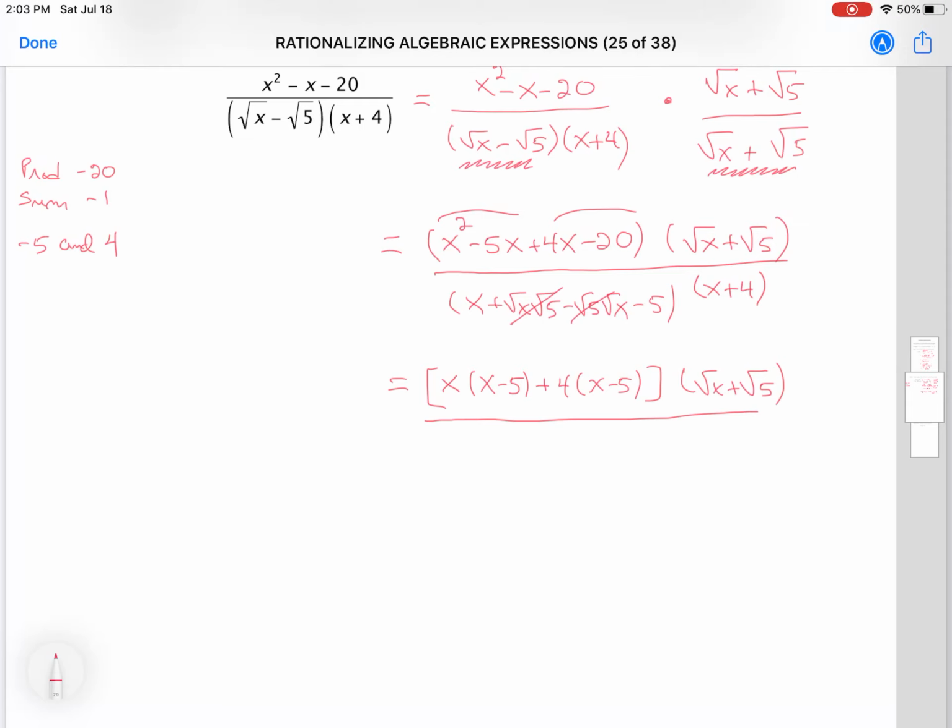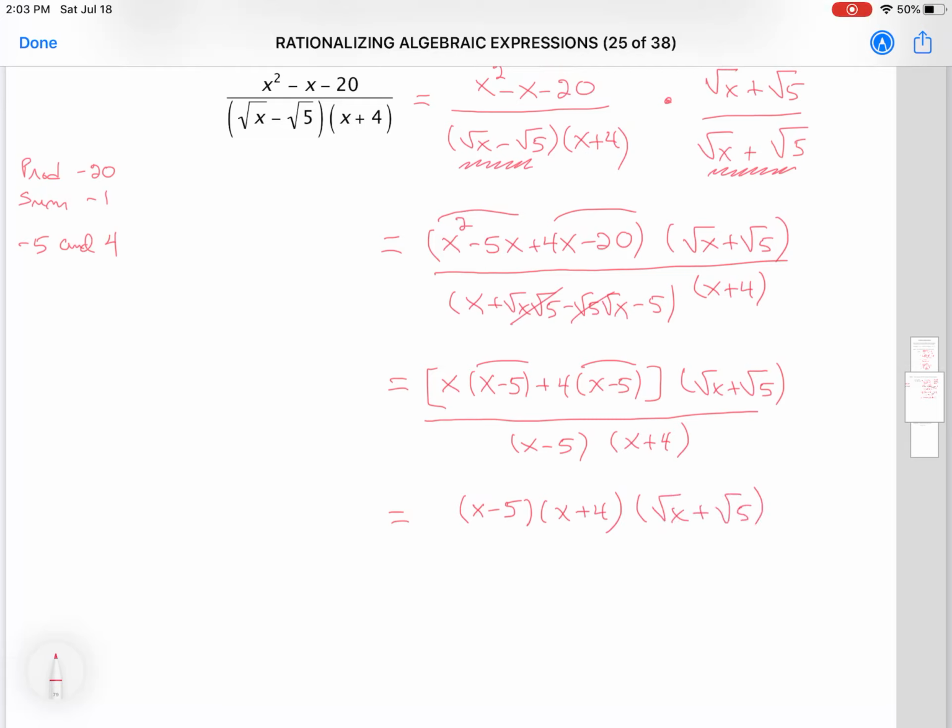As usual, conjugates, when they're multiplied together, have middle terms that cancel out. So I'm left with x minus 5 times x plus 4. So refactoring out from the top the common x minus 5, I'm about to see the light at the end of this short tunnel.